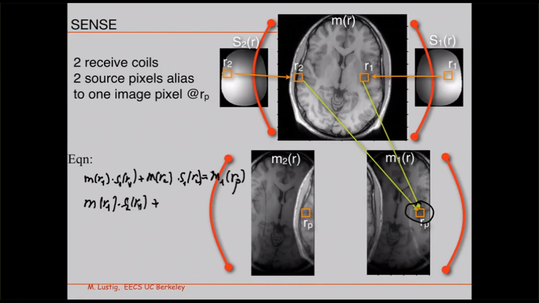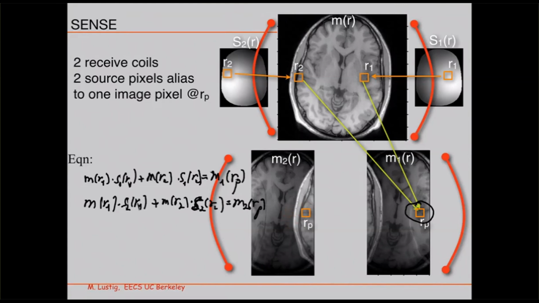What other pixel is it being combined with? It'll just be the same expression, but at R2. Almost. So it's M at R2 multiplied by the sensitivity. Which sensitivity? S2. Oh, S2 at R2. And that equals M2 at RP, which is this pixel.